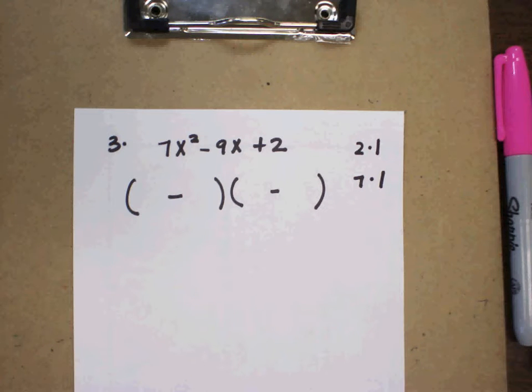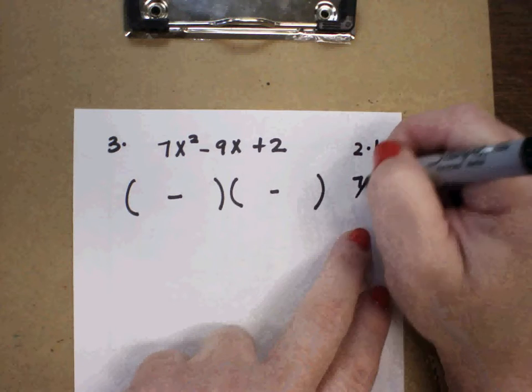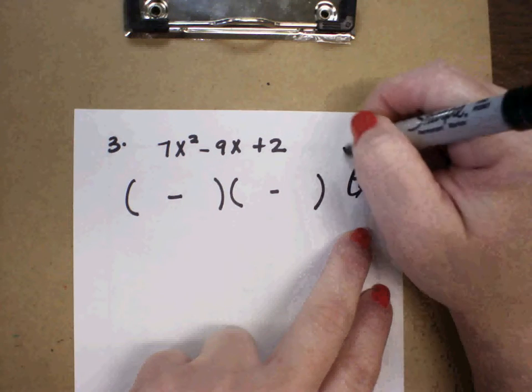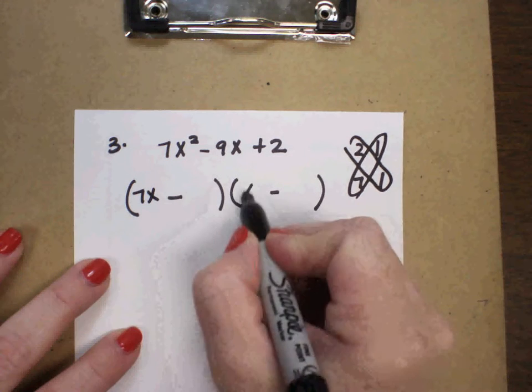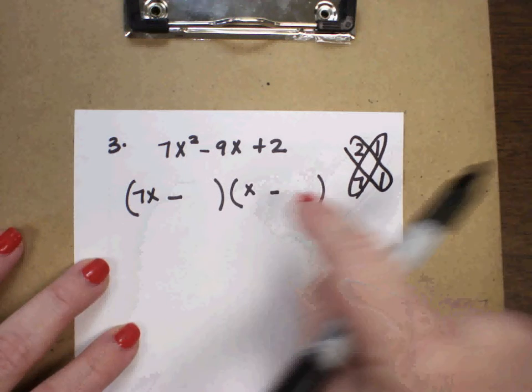So 7x and x. Do I need to multiply the 7 and the 2? Really? Why not? That will give me 14. This is adding. Why is this adding? Because a negative plus a negative is what?